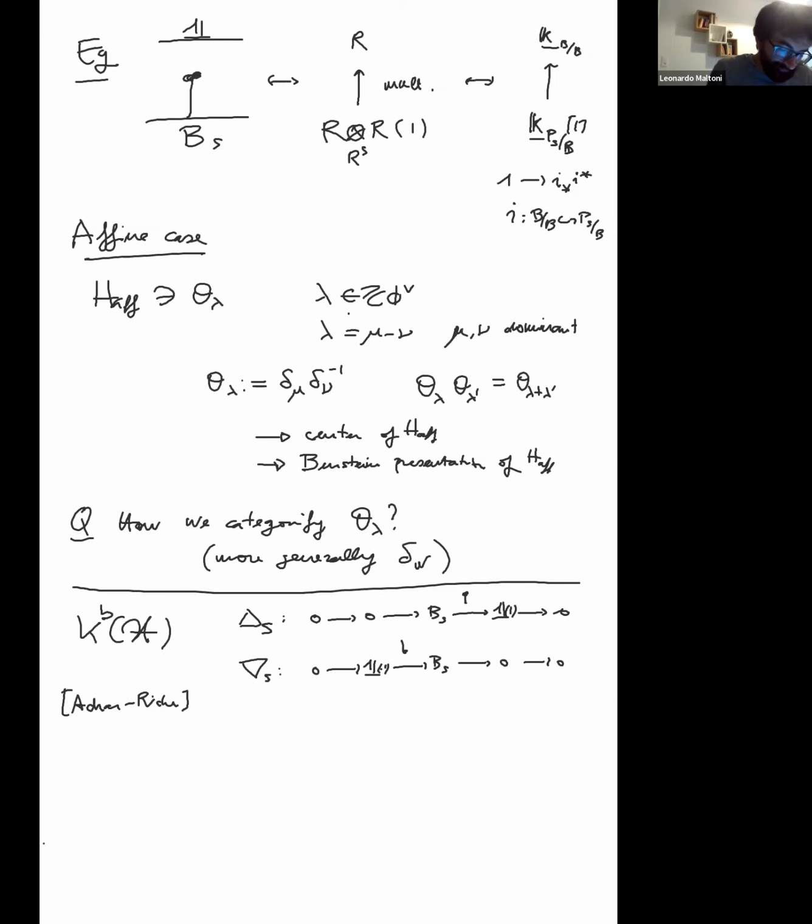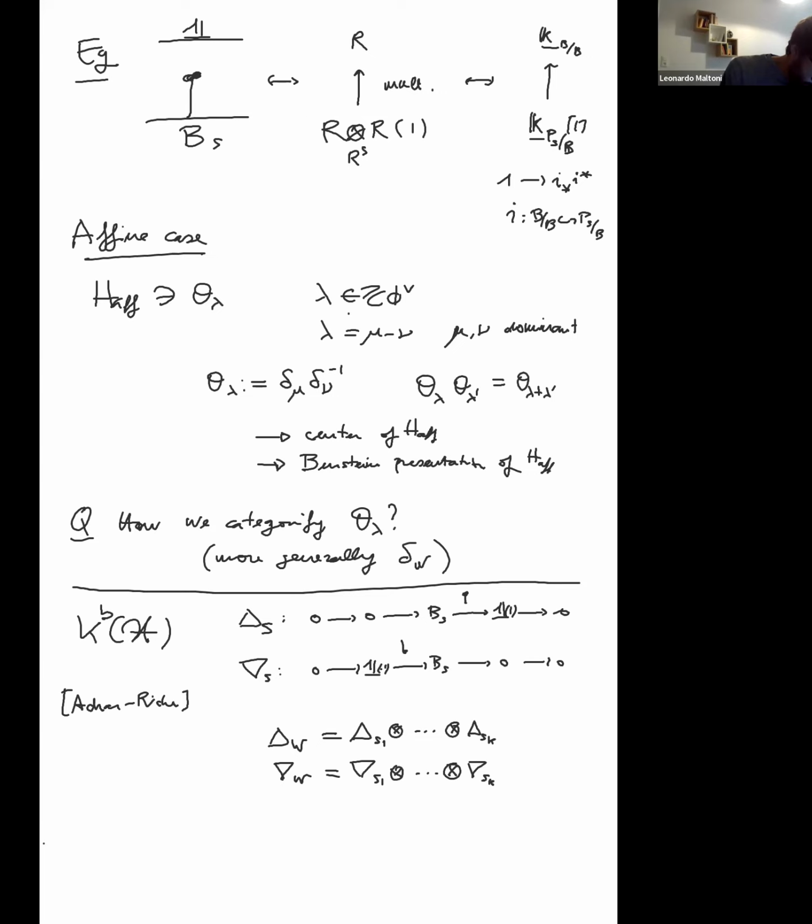And so actually these objects correspond to mixed perverse sheaves, but I will not detail this. And so we can consider big delta W as a product of standards, and big nabla W as a product of nablas, where S1 to SK is a reduced expression for W.